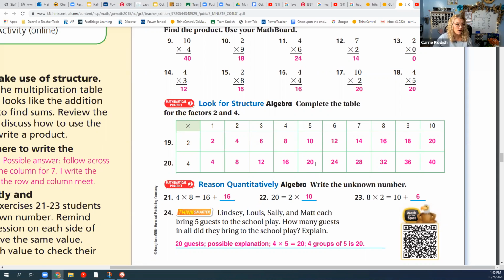The numbers are what, Colton? Colton, go ahead. You'll have to unmute, honey. He's frozen. I didn't hear you.